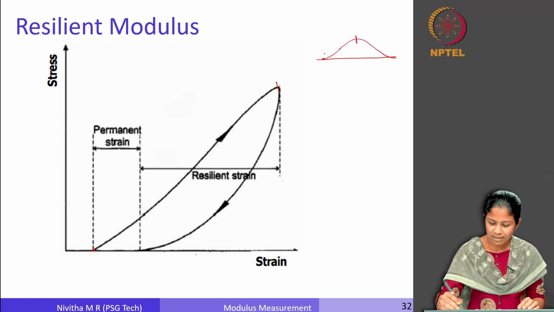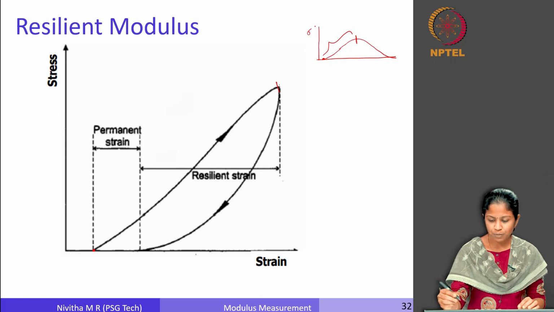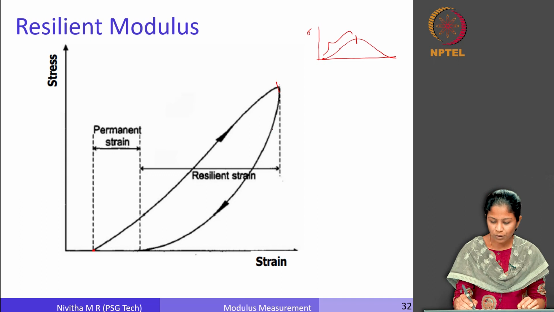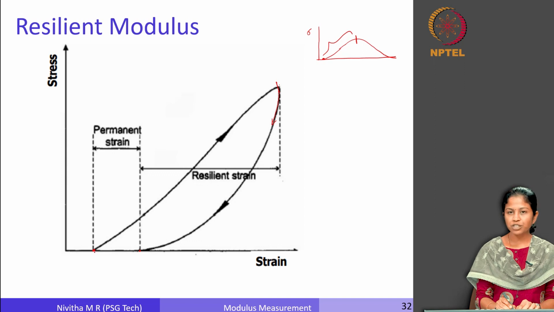So, this is the loading portion here. Once the maximum is reached, then the stress begins to reduce. So, this is nothing but my stress profile. Now the stress begins to reduce and the strain is also reducing. So, it keeps reducing, you can see this recovery profile, then it comes back to 0, but you can see here that it did not come back to its original position.